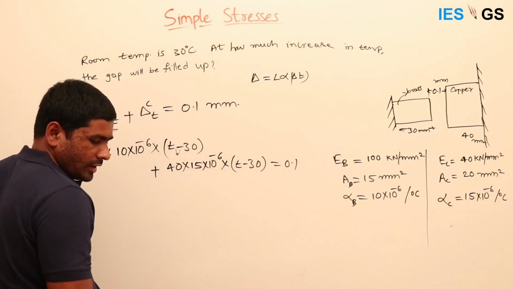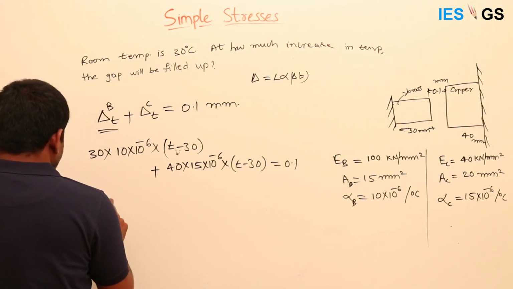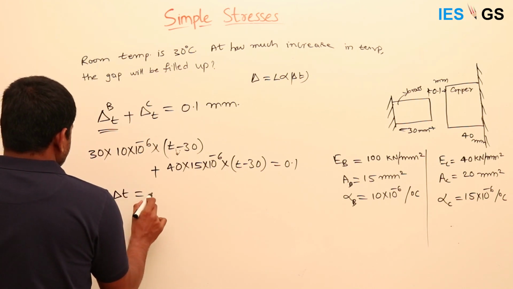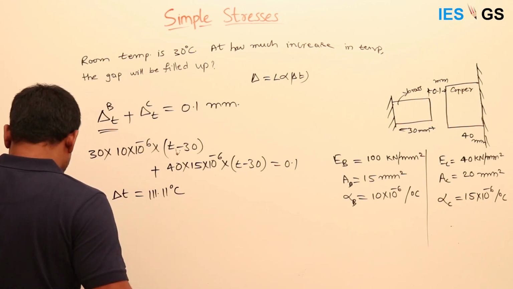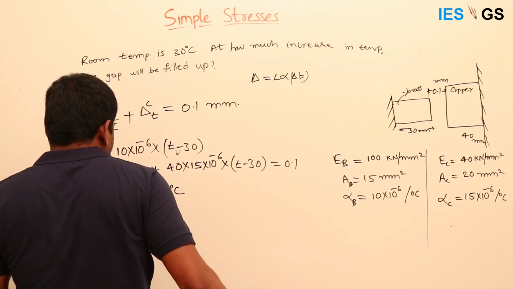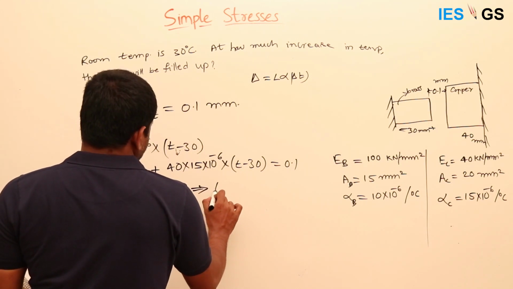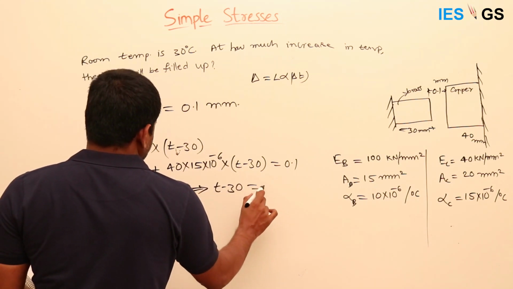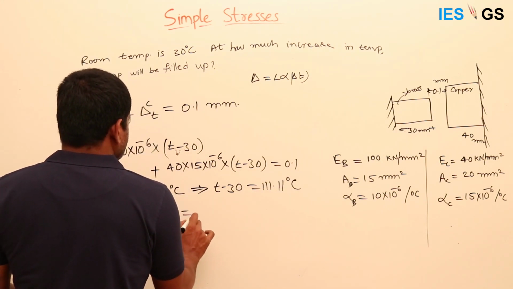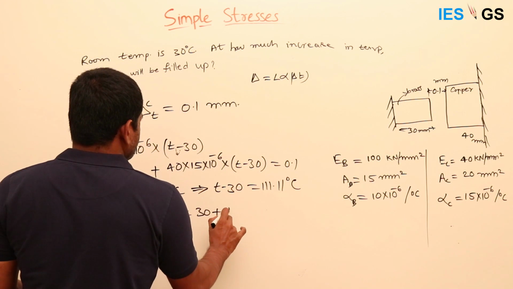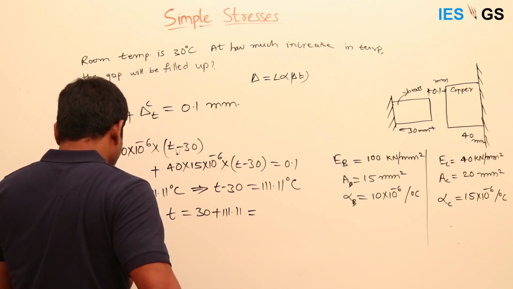By simplification you will get delta T equal to 111.11 degrees centigrade. Delta T is nothing but T minus 30 equal to 111.11, then T equals 30 plus 111.11, that equals 141.11 degrees centigrade.